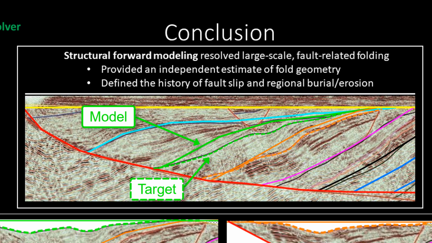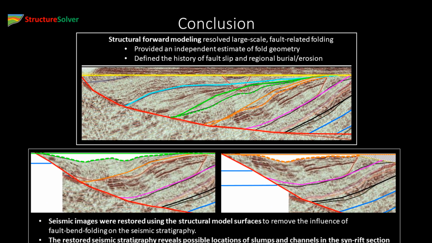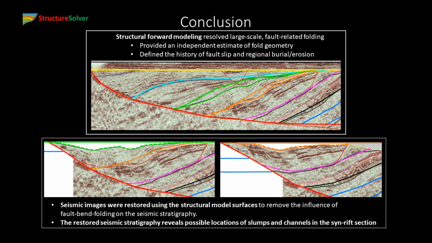This is likely due to the fact that the model surfaces simply represent the expected fold geometry that would arise as an initially flat horizon was displaced and deformed above a listric fault. Based on the premise that the modeled fold geometry provides an independent estimate of fault-related folding, which does not rely on directly picking any seismic horizons, we propose that the model surfaces could be used as an independent reference surface for restoring fault-related folding.